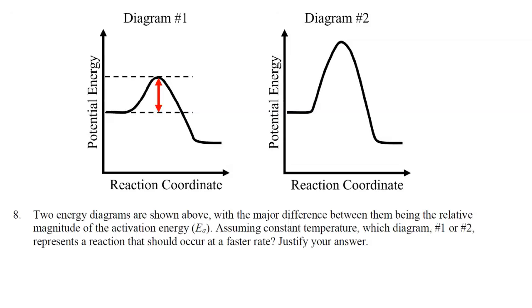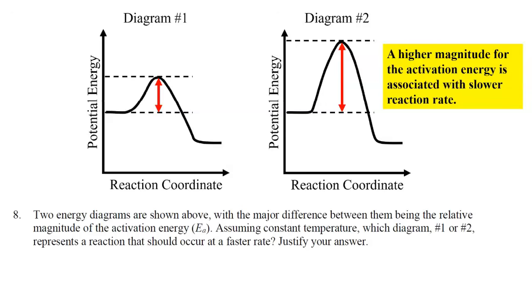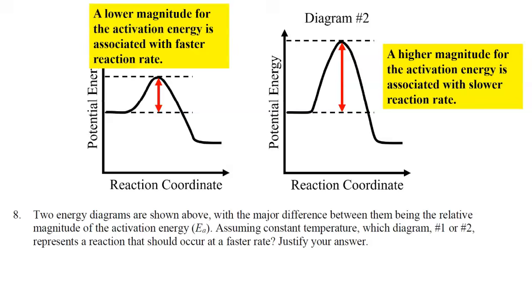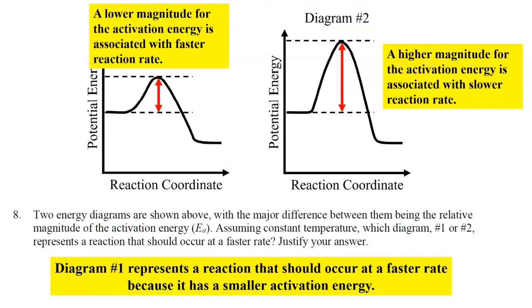So I see a smaller activation energy for diagram 1, and I see a larger activation energy for diagram 2. So a higher magnitude for the activation energy is associated with a slower reaction rate, and vice versa, a lower magnitude for the activation energy is associated with a faster reaction rate. So diagram 1 represents a reaction that should occur at a faster rate because it has a smaller activation energy.